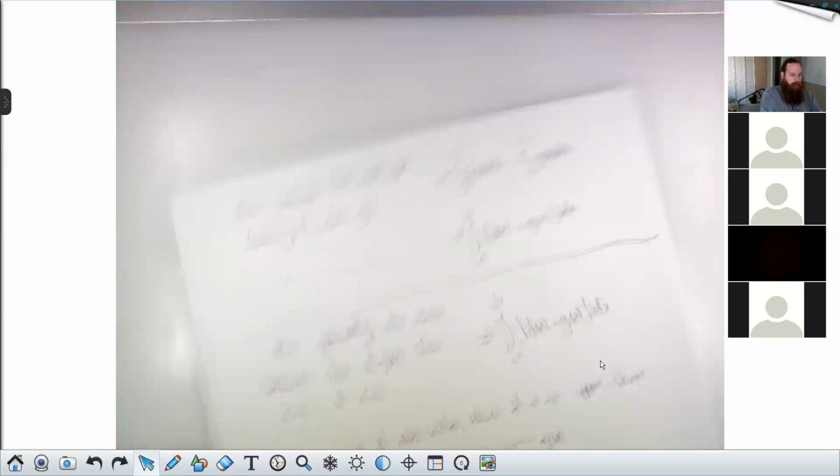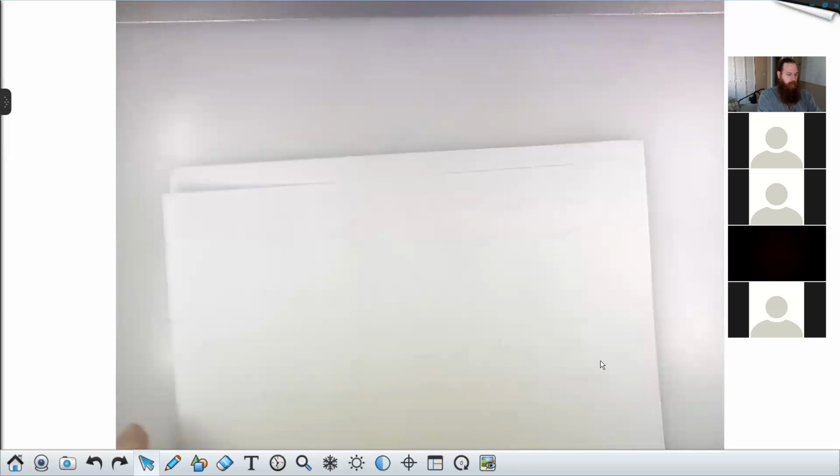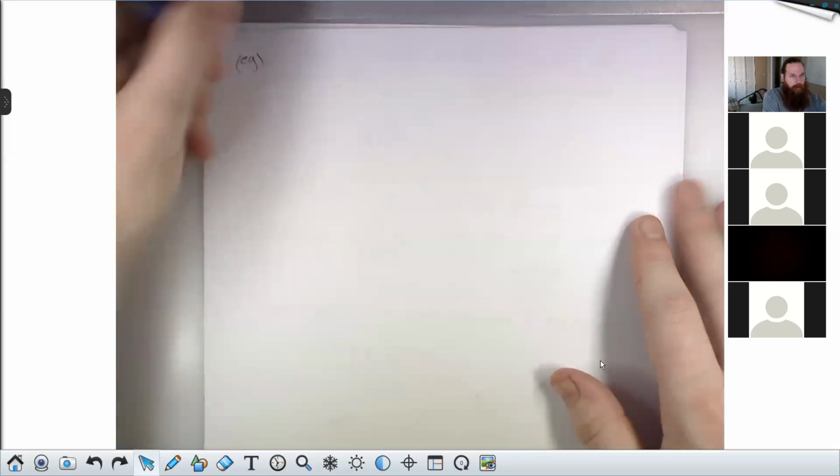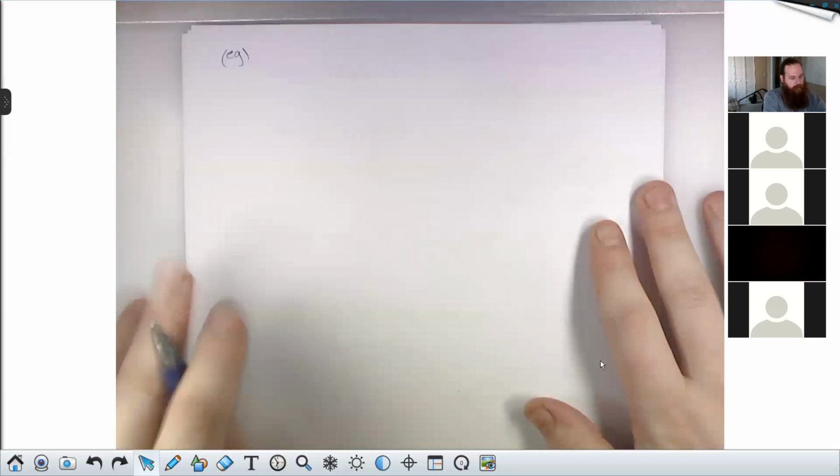Let's try an example. My favorite first example of this stuff is to play with sine and cosine. So for example, many examples exist.